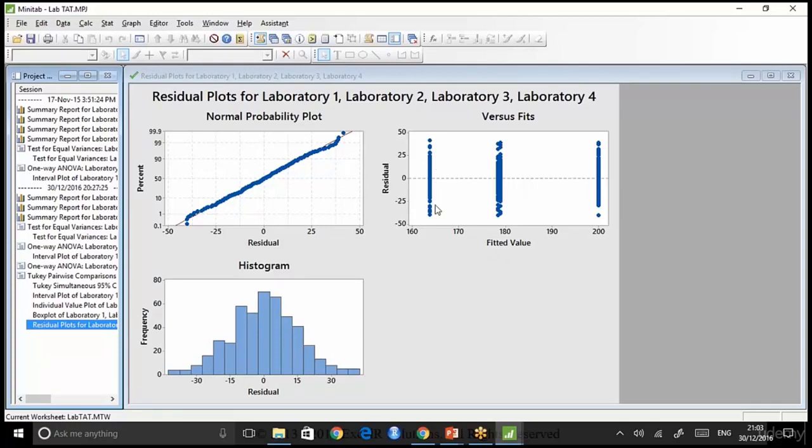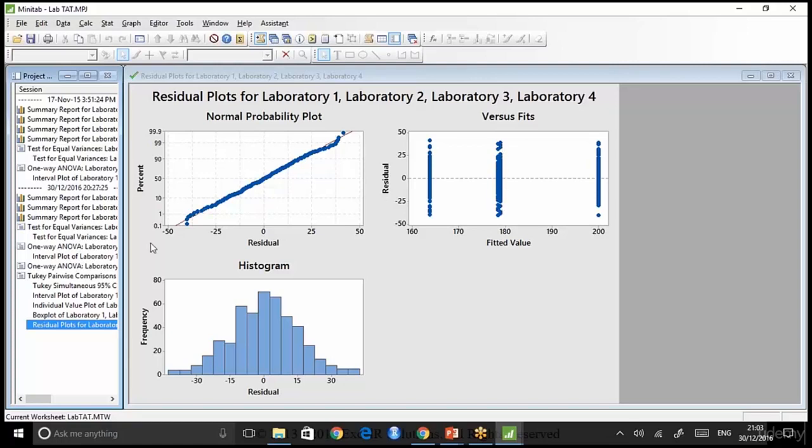No, there is no pattern absolutely. You have one lab, two labs, and look at these two labs. These two labs are close to each other. You have to very closely look at that. The values of two laboratories are very close to each other.